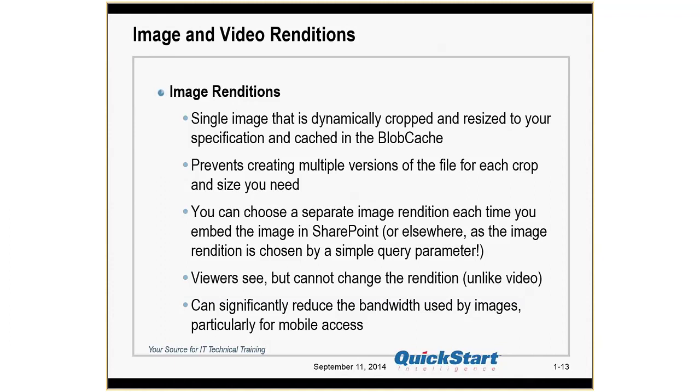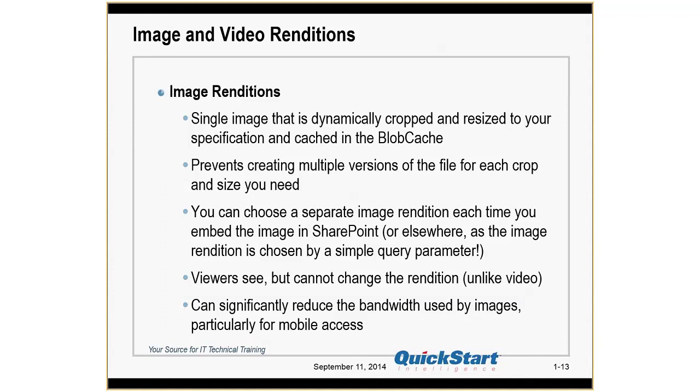So there's no need, very commonly done, we had one image that we needed to crop 4 different ways and resize it 5 ways, to store that image 9 different times, each with a slightly different file name, and then we'd have to reference the corresponding file name where we want it on the page. Here we upload one image, it's stored in SharePoint as one image, and the system automatically crops and resizes it for us.